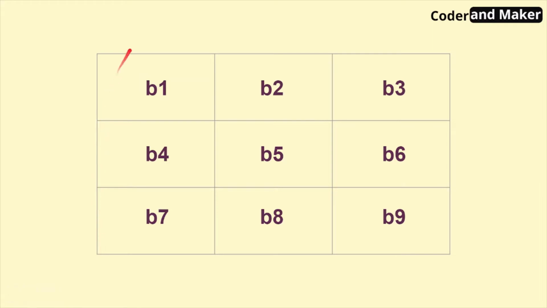The rows start with 0, 1 and 2, and columns also start with 0, 1 and 2. So the location of B1 will be 0, 0. Location of B2 will be row 0 and column 1. Location of B6 will be row 1 and column 2.